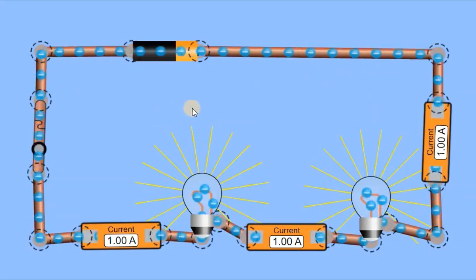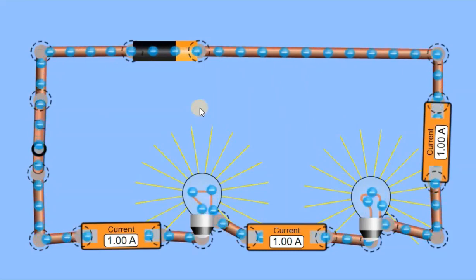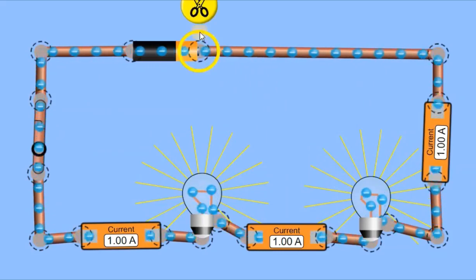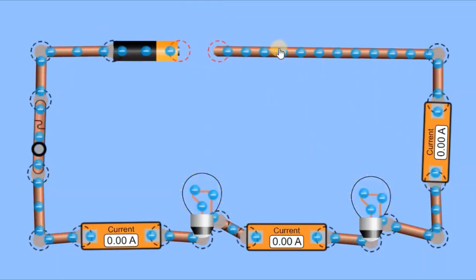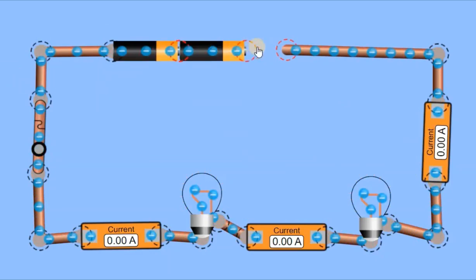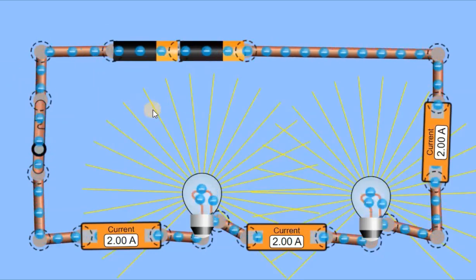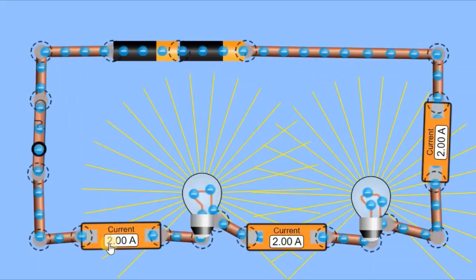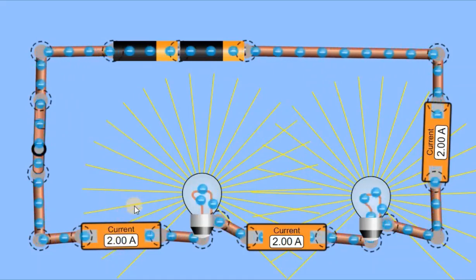I'm going to put in another cell so that we can see what influence that will have. Right, opening here. I'm bringing in another cell. There's another cell, closing. Now we can see the current is moving faster. It's 2 ampere when you look here at the ammeter reading.